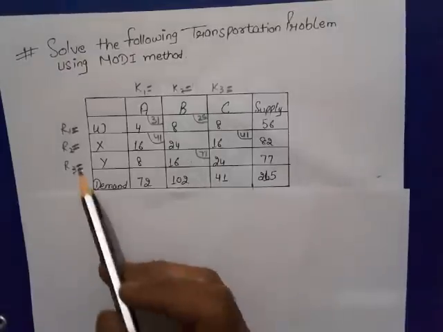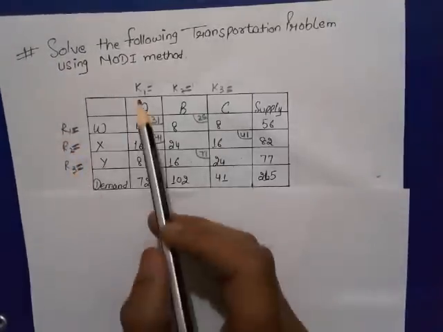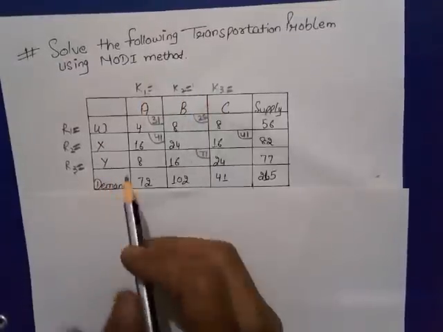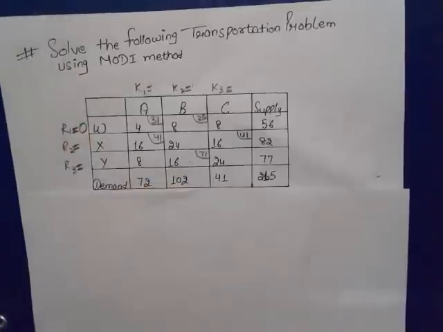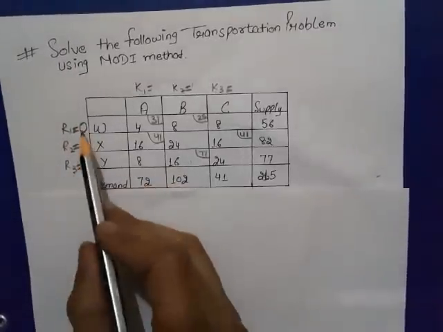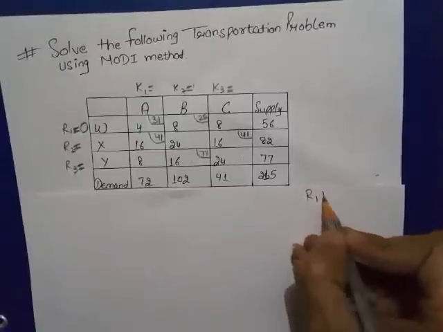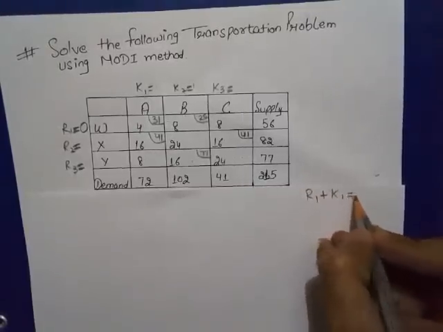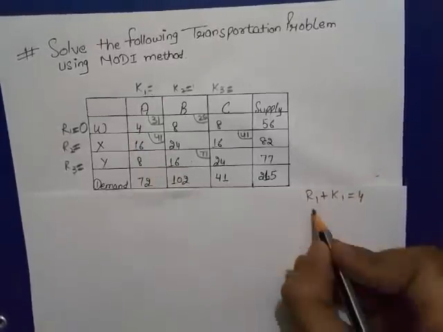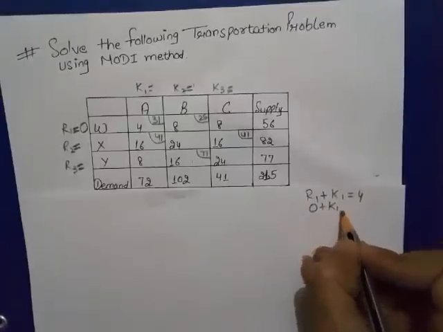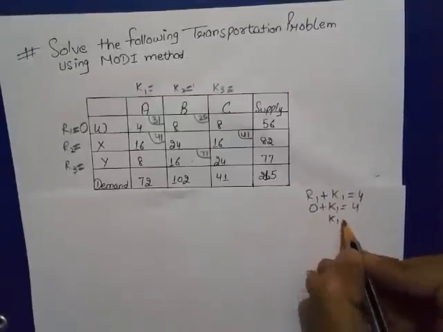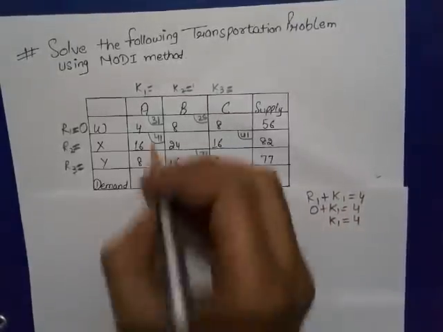So calculate the values of R1, R2, R3, K1, K2, K3. Give R1 a 0. Now calculate in the same way. R1 plus K1 is equal to 4. Here the value of R1 is 0 and K1 is to be calculated, so K1 is 4.